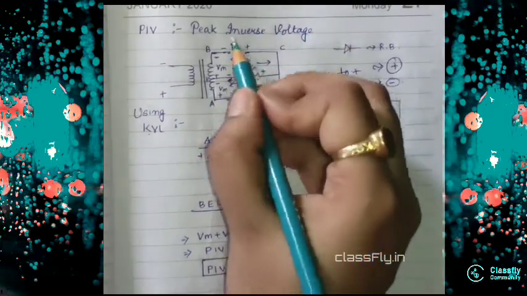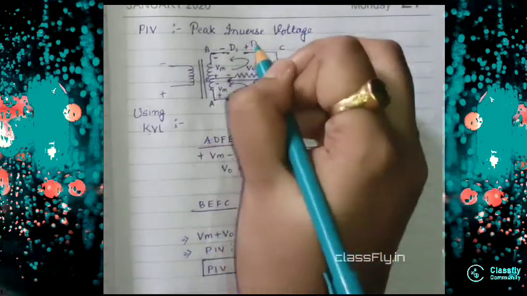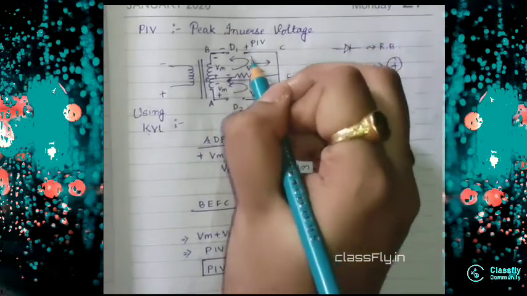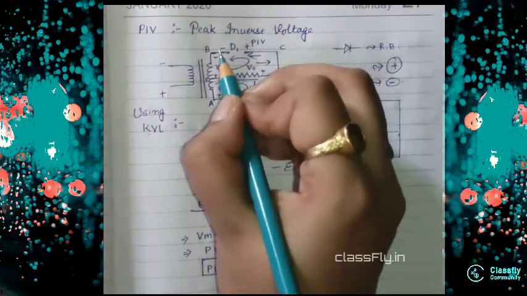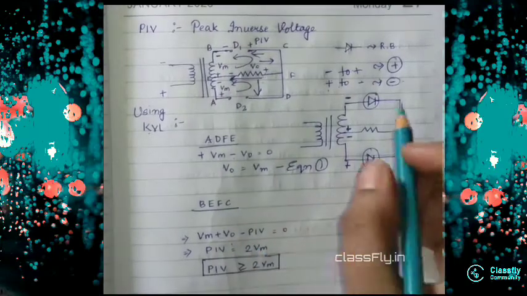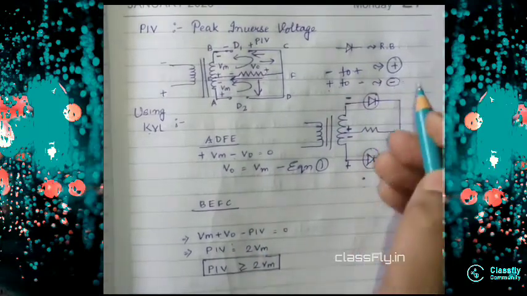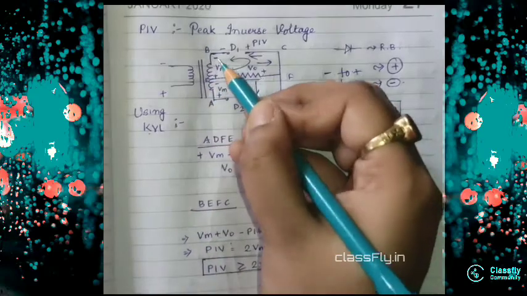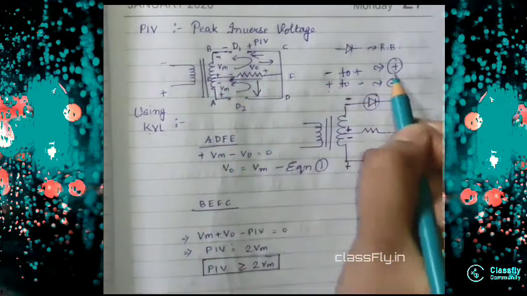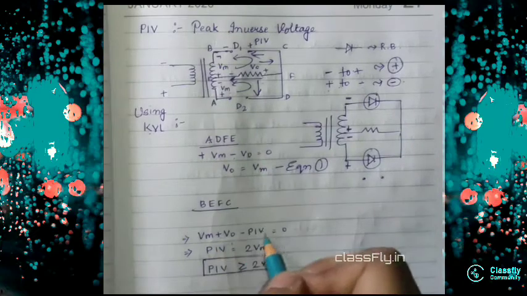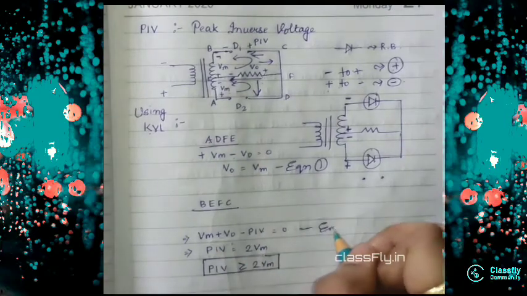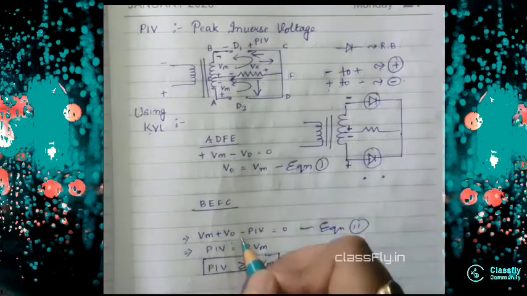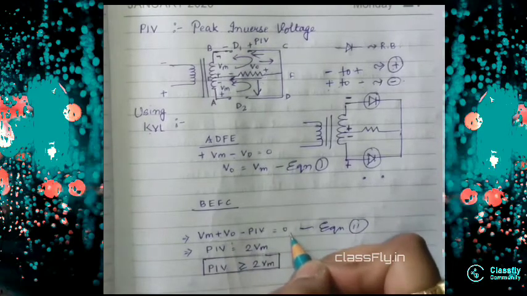And here we need to find this PIV, right? As it is moving in this direction, that is positive to negative, we will take it as minus sign, so it will be minus PIV. And Vm is also moving from minus to positive, so we will take the positive sign. So what we get as equation 2 is Vm plus V0 minus PIV equal to 0, right?